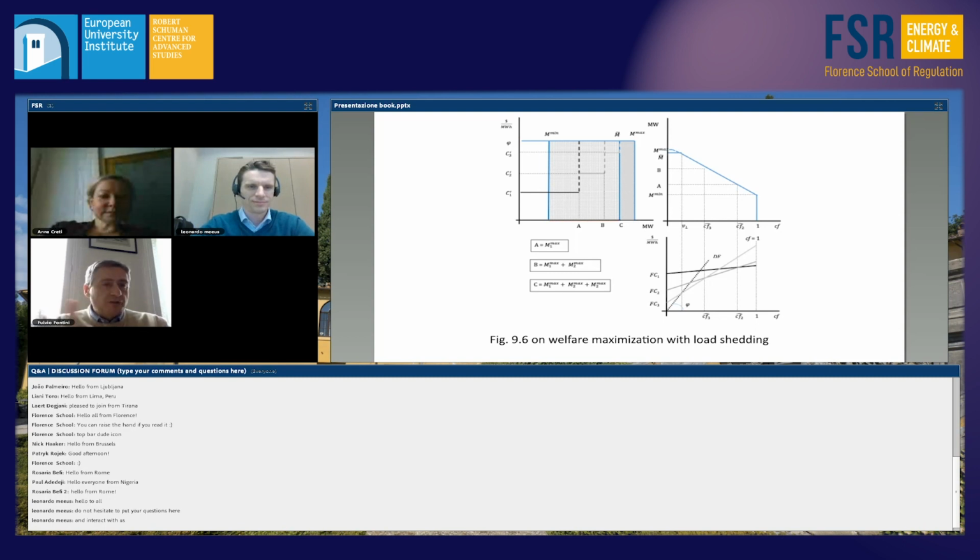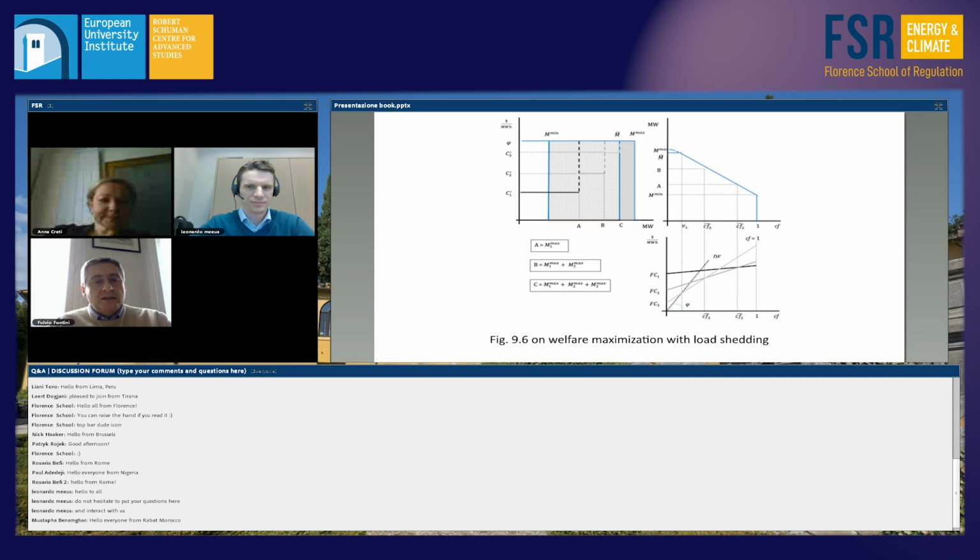I will briefly introduce it. I don't want to make a lecture out of this slide, also not to prevent readers from the pleasure of studying and enjoying it themselves. But I think that this picture encompasses a lot of things that are in electricity markets. On the top right of the picture, you see a schematic representation of what is called the load duration curve.